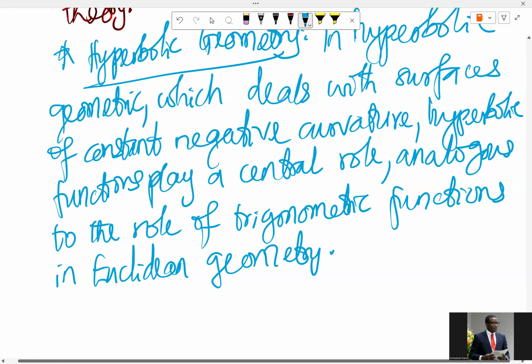So you see, we are always drawing parallels between hyperbolic functions and trigonometric functions.